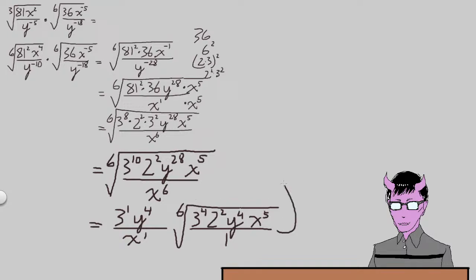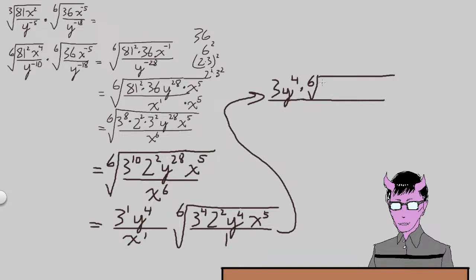So at this stage, we have the answer. We just need to clean it up. So 3 times y to the power of 4 all over x. Let me extend this part. Inside the 6th root, we have all that junk.